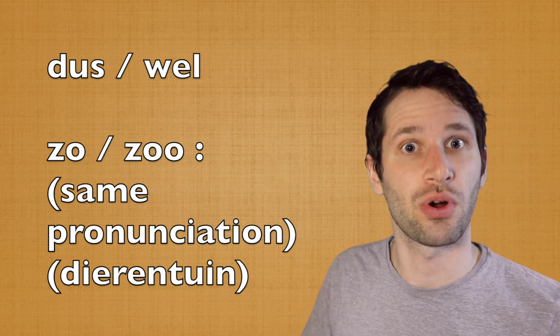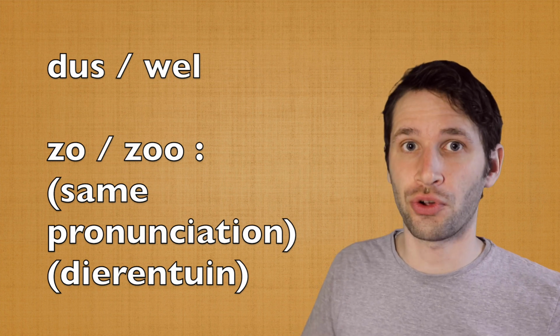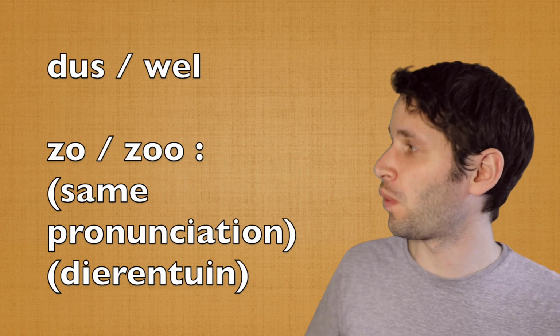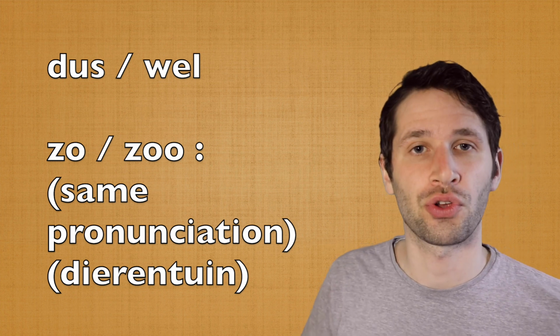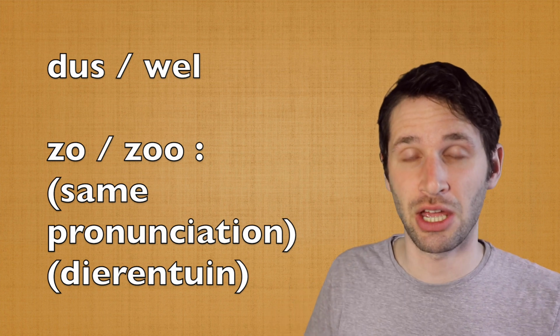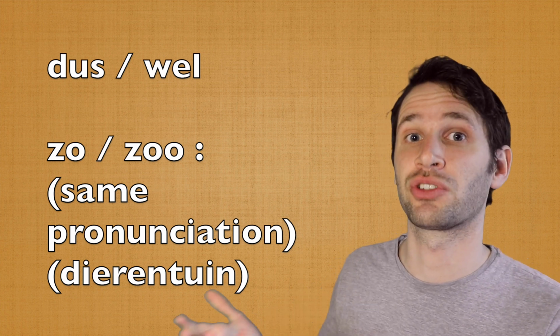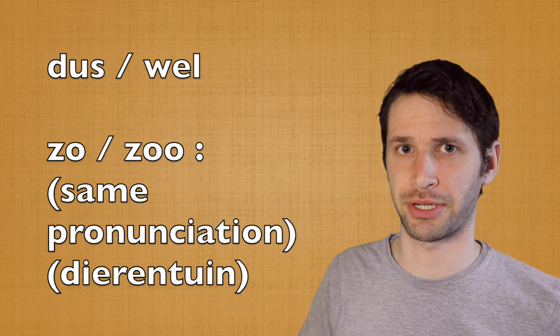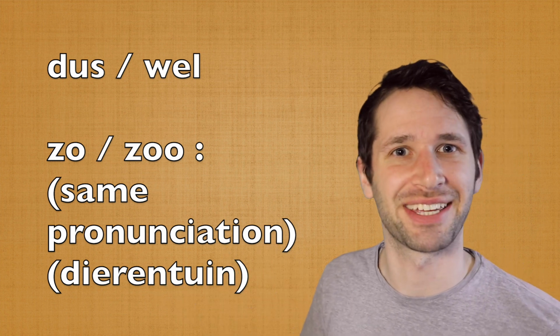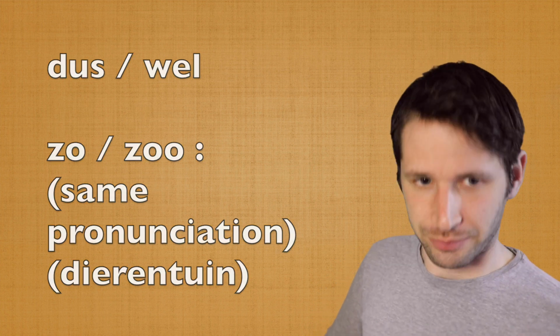And "zo" is also a Dutch word. So it's very important that you start off using these words right, because if you don't use this word right at the beginning, you'll have a lot of difficulties correcting it later on. Many of my students sometimes have problems with this, so that's why I'm making this video.